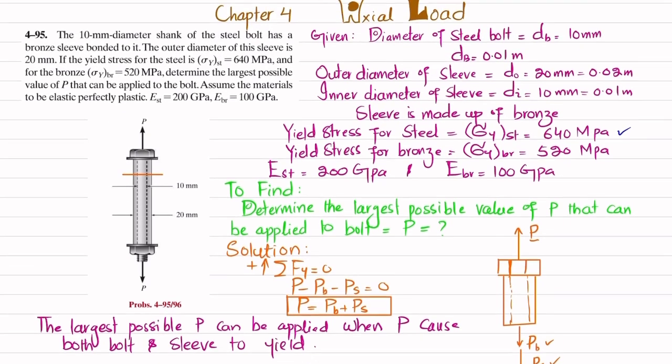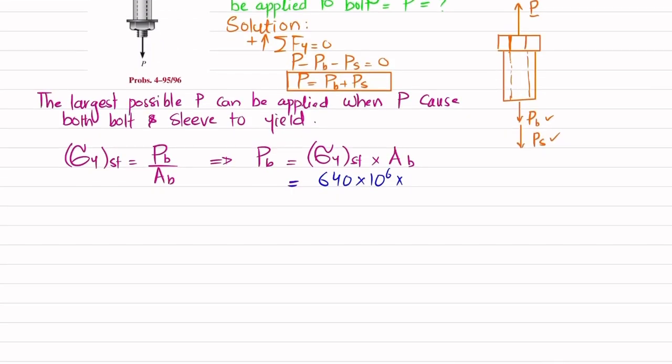Diameter is given as 10 millimeter, which is 0.01 meter. So area of bolt is pi by 4 db square, so db is 0.01 square. That will give you PB. This PB will be the load that will cause the yielding in steel rod or steel bolt. And when you calculate it, you will get 50.265 kilonewton.